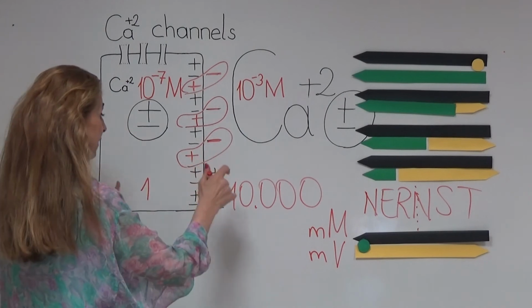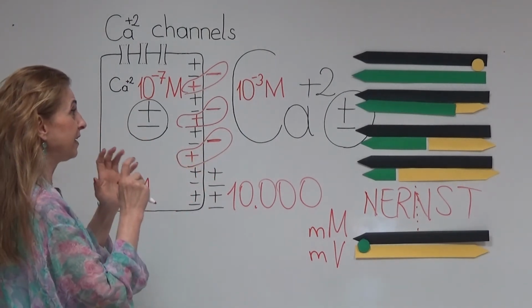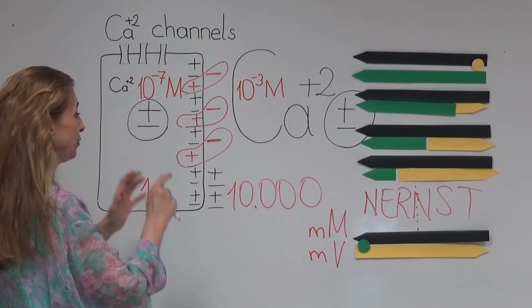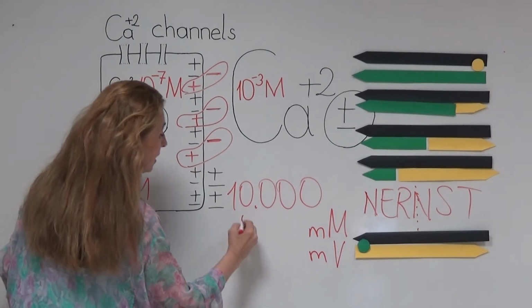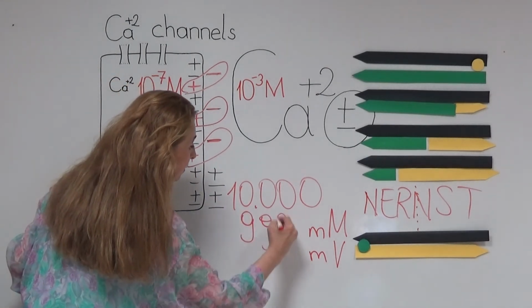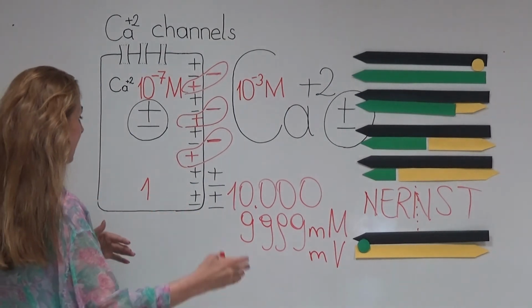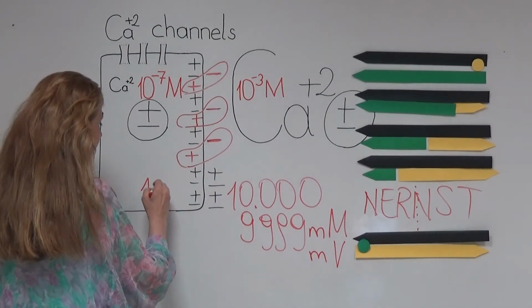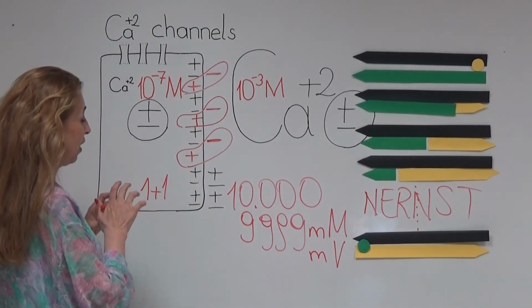So if, let's say, we said that there's a small number of ions that's going to move inward to produce the Nernst potential. Let's say 1 moves inward, so this unit here is going to decrease to 9,999, and there will be 1 unit addition to the intracellular fluid.